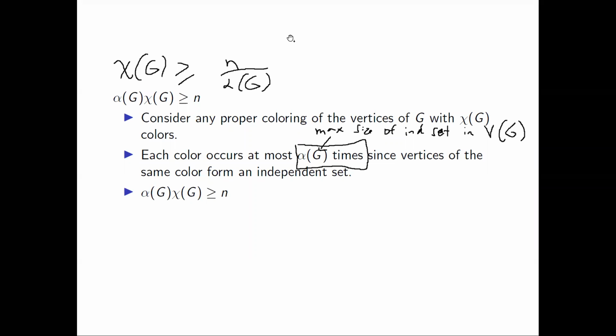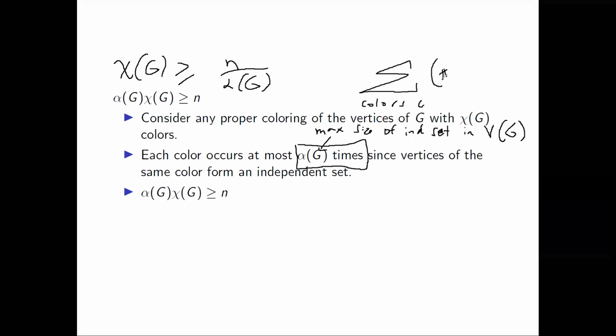Now that immediately gives us the inequality. So let's see why that is true. We can take a sum, and the sum can be over the colors C of the number of vertices with color C. So if we add this up over all the colors, we'll get the number of vertices in our graph, which is n.